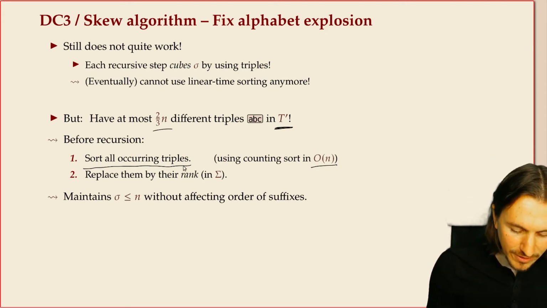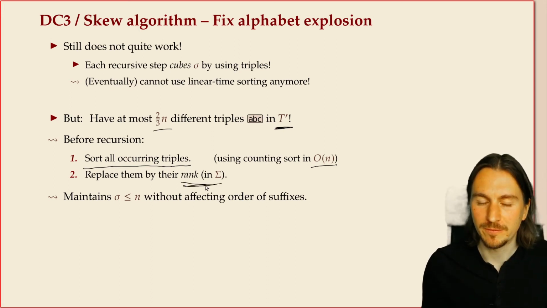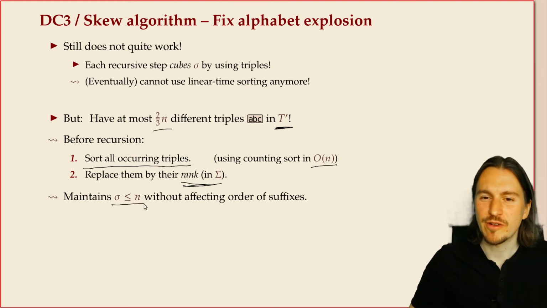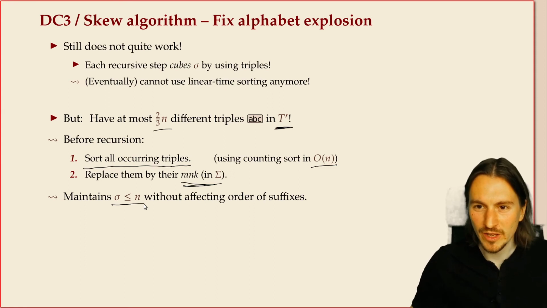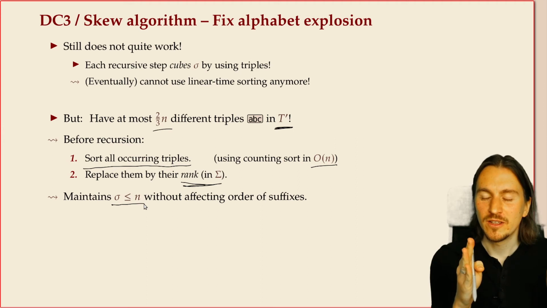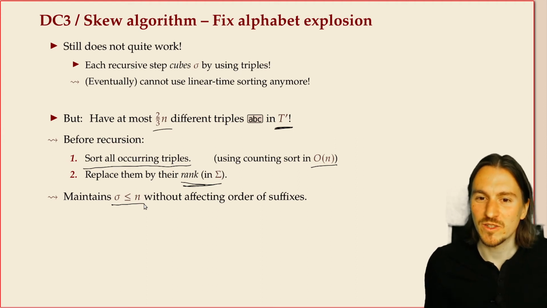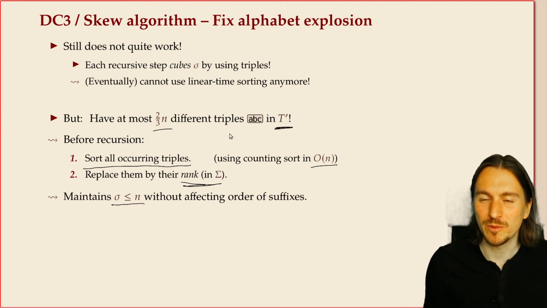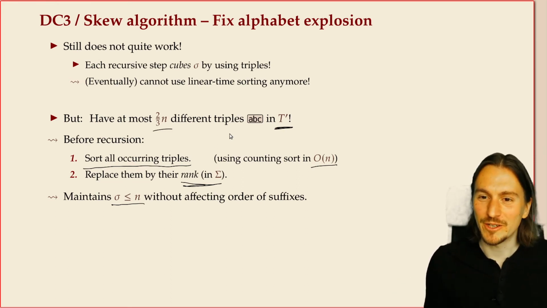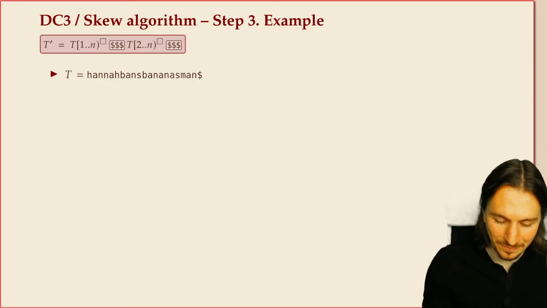And then we have a sorted list of these triples, and we replace every triple by its rank. I'll have an example on the next slide. So that ensures that in all recursive calls, we always have an alphabet that's at most as big as the text is long. That's always sufficient. It always makes sense. But we need this extra step because we computed the text over a very large alphabet. So we have to do this alphabet reduction step in between.